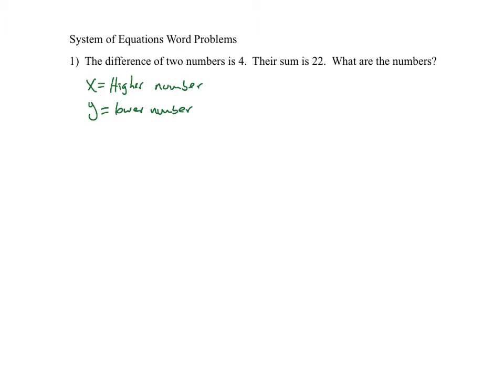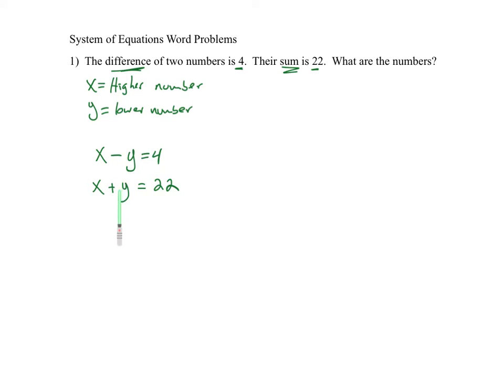The difference of the two numbers is 4, so x minus y equals 4, because that's the difference. Now the sum is 22, so x plus y equals 22.